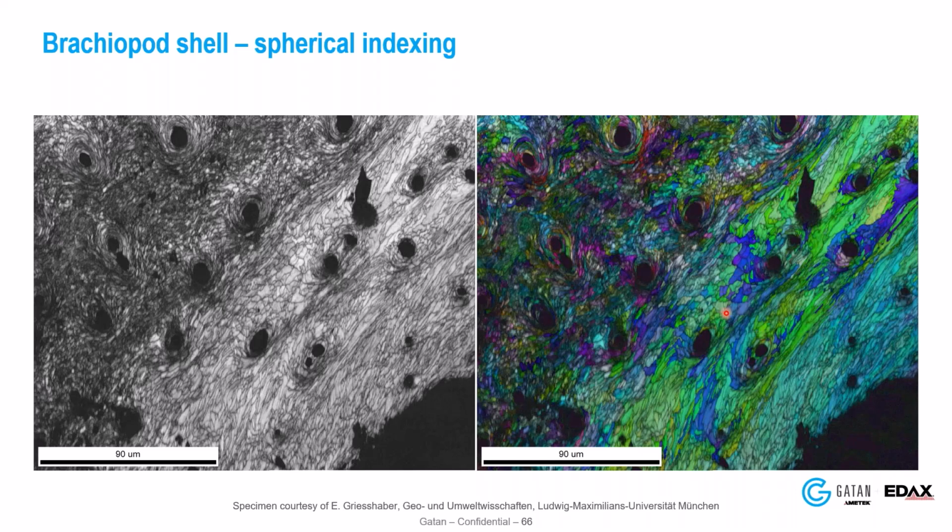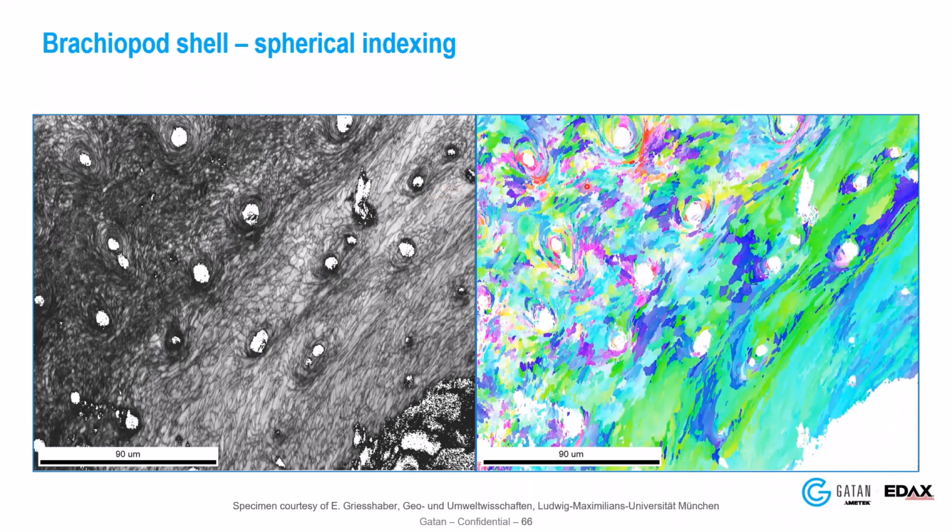So it works on all sorts of crystal symmetries and finds that information. That was just an example I wanted to show. This is showing it just with the high confidence data. Low confidence data in this case is shaded white, but you can see the different grain structures on the different parts of this shell cross section.